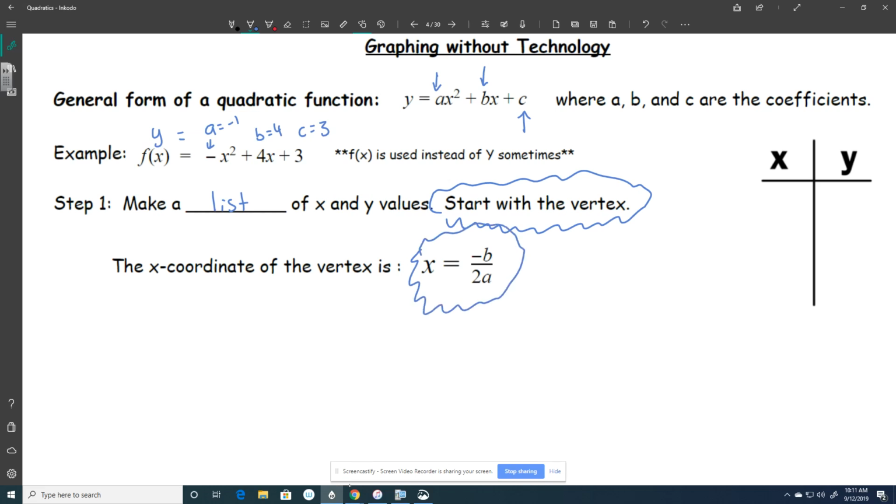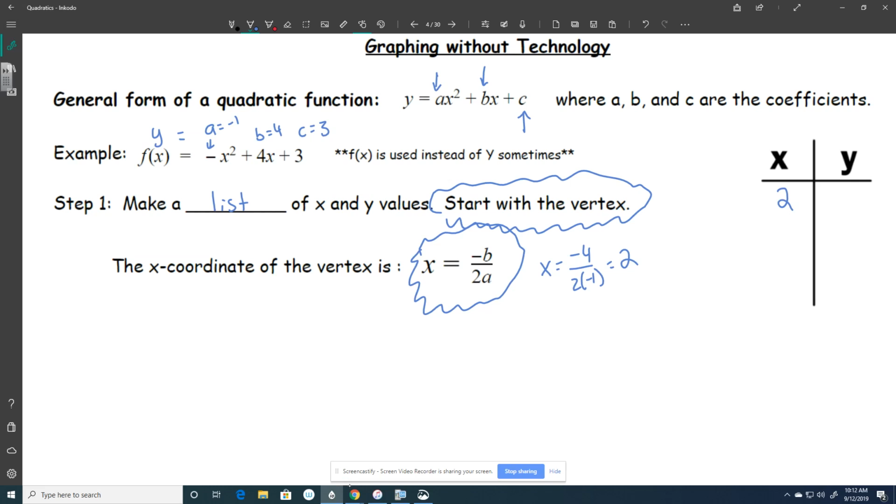The x value is going to be -b divided by 2a. So using my numbers here, that means that my x value is going to be -4 divided by 2 multiplied by -1, 2 times a. So -4 divided by -2 is just 2. So that means my vertex x value is 2.